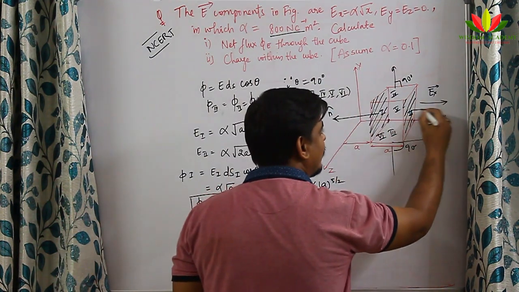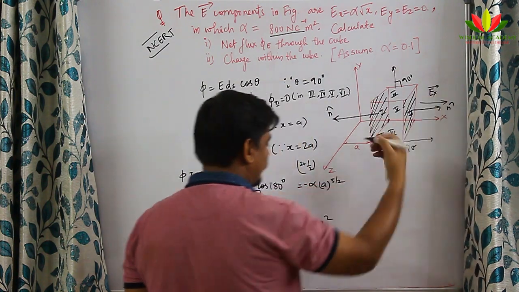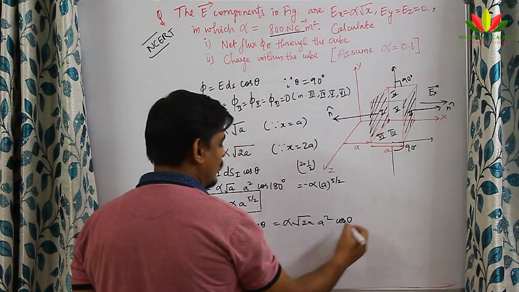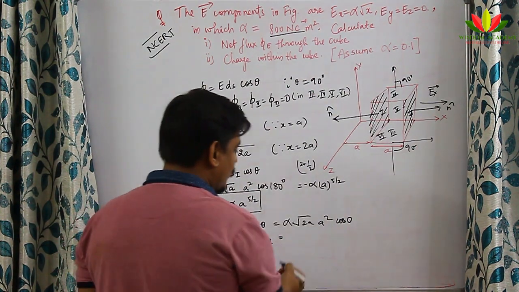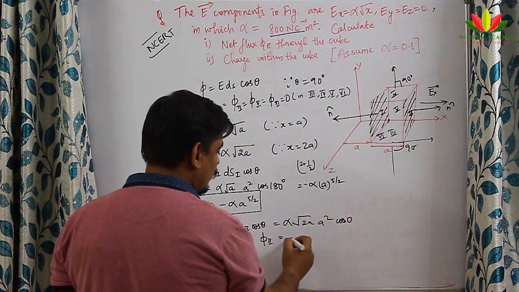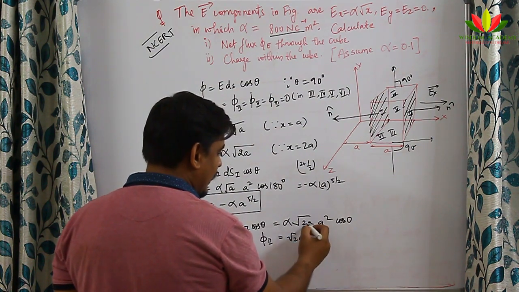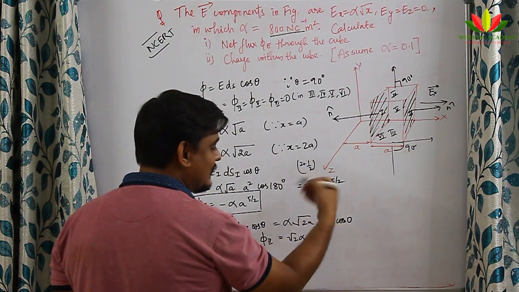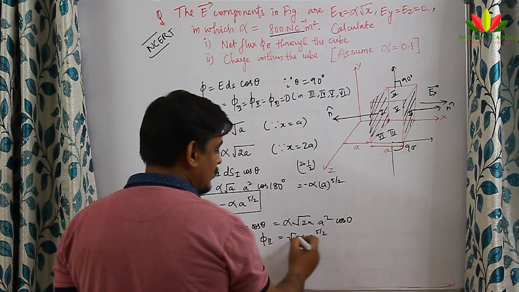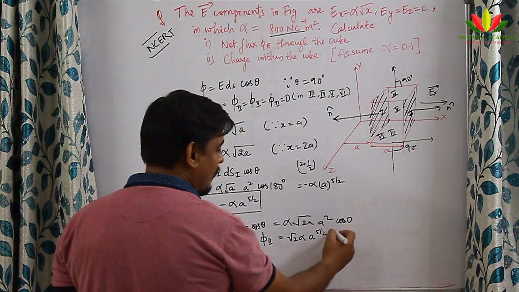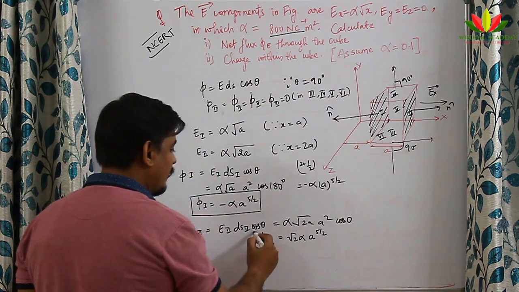This is the n vector, isn't it? And this is the E vector. So 0 degree, cos 0. That gives me phi 2 value as root 2 times alpha, again root a and a square, that will be a power 5 by 2. So root 2 into alpha into a power 5 by 2 is the value of phi 2.